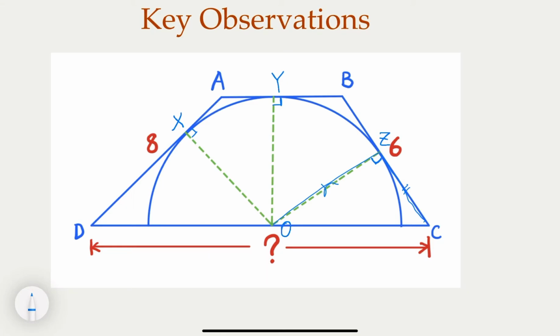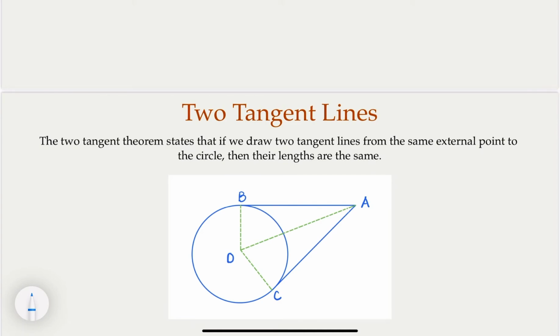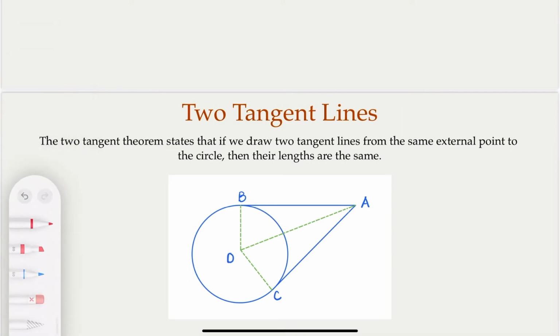In the meantime, let's recall that if you have tangent lines from a common point A, here in this case, I have two tangent lines, we claim that AB would equal AC. Why is that the case?